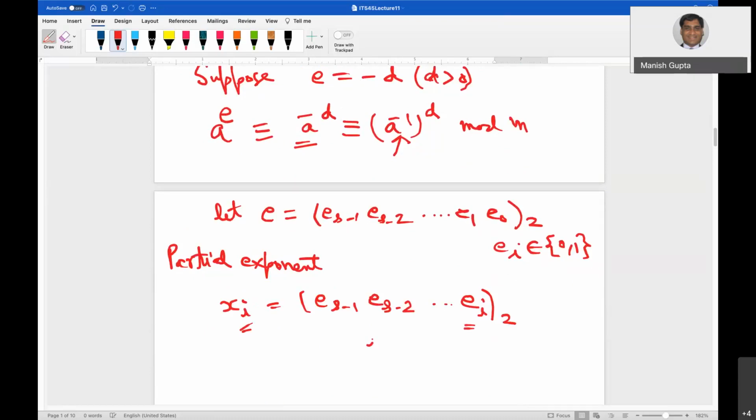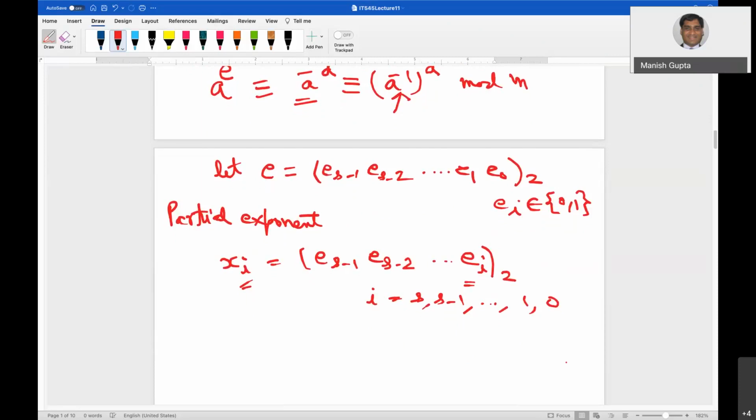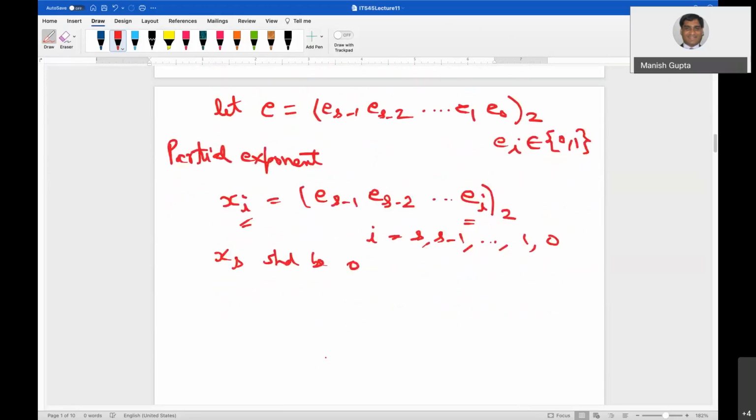And this is defined for all i from s, s minus 1, down to 1 and 0. Okay, this is now defined as partial exponent. Also, xs should be interpreted as 0.